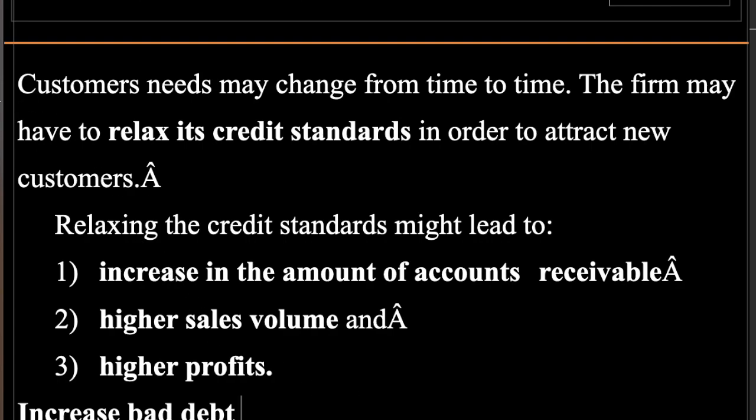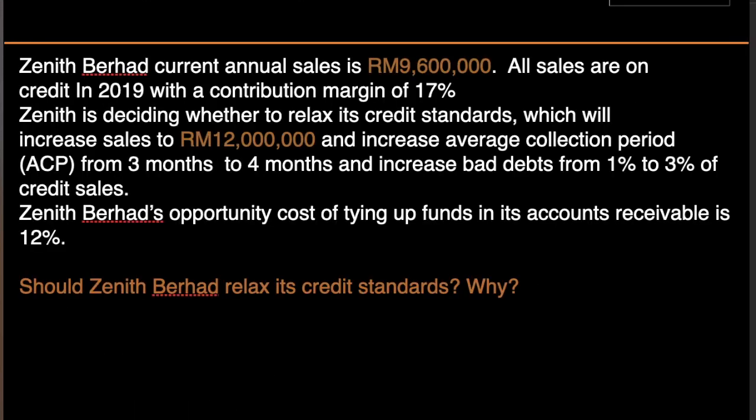So we want to find out whether we should relax our credit standard or not. Here is a question that I have written down. Zenith Bhd's current annual sales are 9.6 million. Annual sales are on credit in 2019, with a contribution margin of 17%.